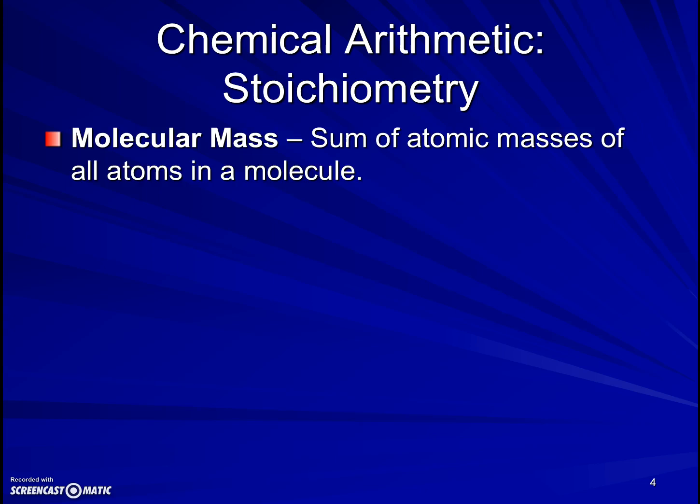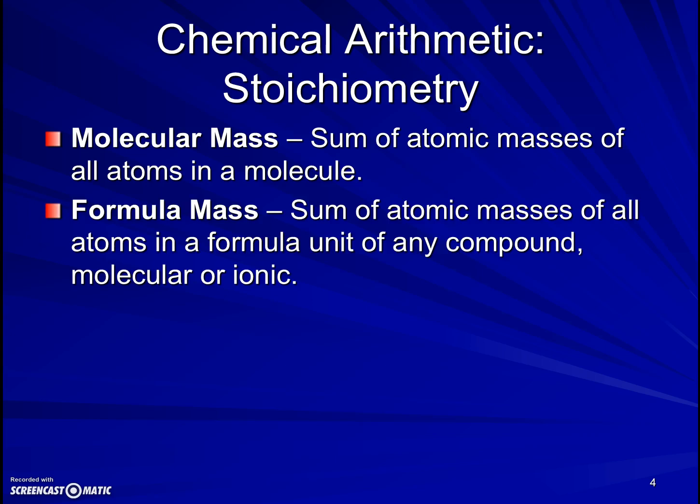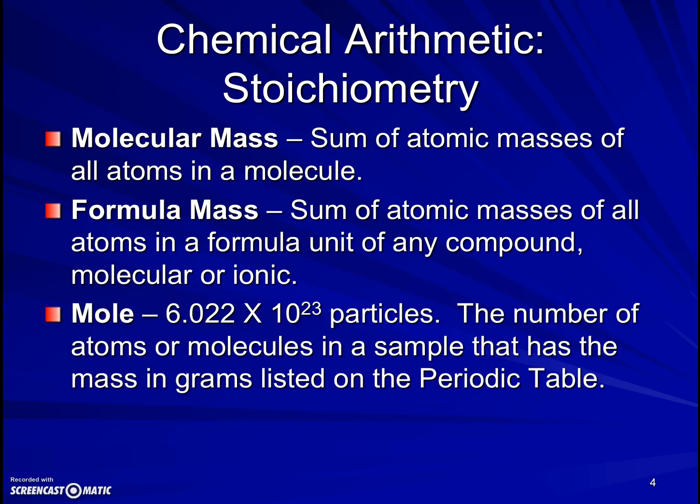Once we have a balanced equation to work with, we can start doing calculations that will tell us how much product we can make from a certain number of grams or liters or other units of a reactant or a group of reactants. In order to do that, we'll have to be able to calculate molecular mass, or formula mass for the case of ionic compounds, and those are basically the sums of the masses of all of the atoms in the formula of that compound, whether we're looking at a molecular compound or an ionic compound.